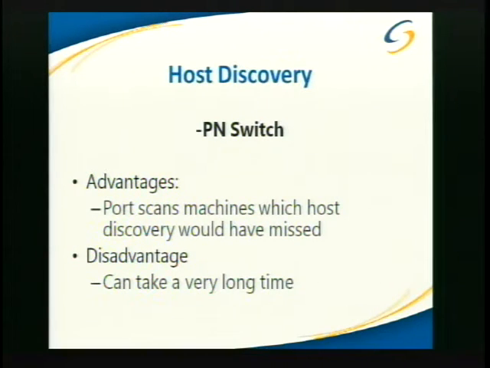The disadvantage is it can take a very long time. If you're scanning like 10.1.1.1 to 255 and 10.1.2.1 to 255, I mean, you're going to be there all day. It's not going to check to see if it's online. It's just going to scan every machine. So not a good idea if you're looking to get home that night.